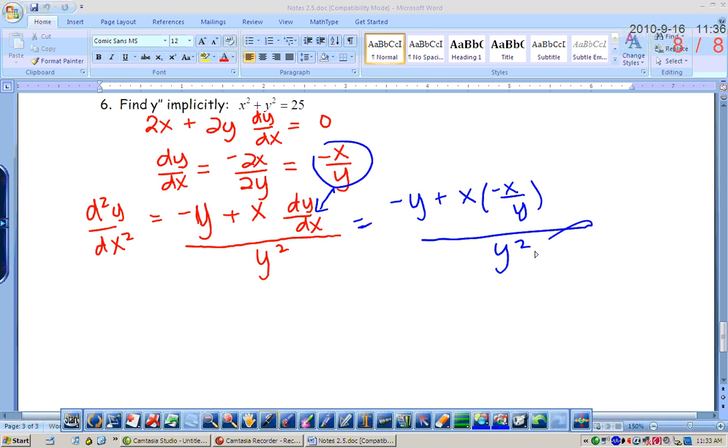I'm going to continue to simplify this a little bit because I think it's really cool. On the top, I could write that as minus x squared over y. And then it's all divided by y squared.